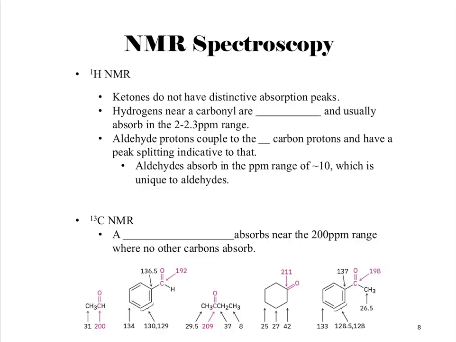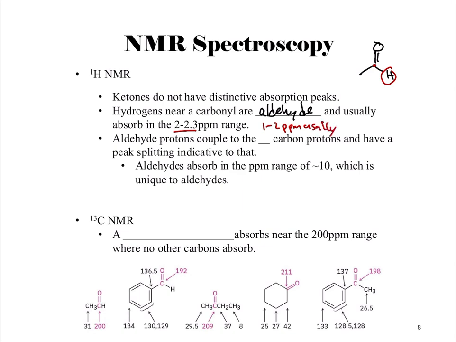The hydrogen on the carbonyl of an aldehyde, however, does have a distinct absorption in proton NMR spectroscopy. And that's because this proton right here is very deshielded because it's right next to the carbonyl carbon. And this gives an absorption in the 2 to 2.3 parts per million range, or a 2 to 2.3 delta value, whereas usual CH2 groups and whatnot are going to be between 1 and 2 ppm, right?